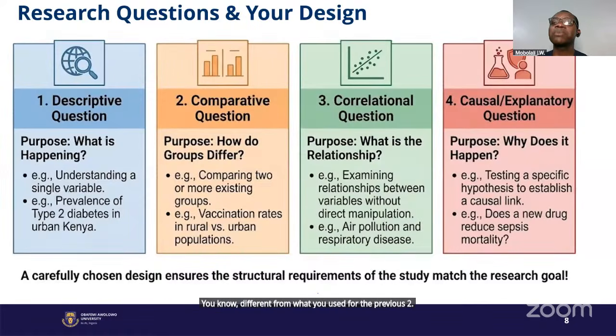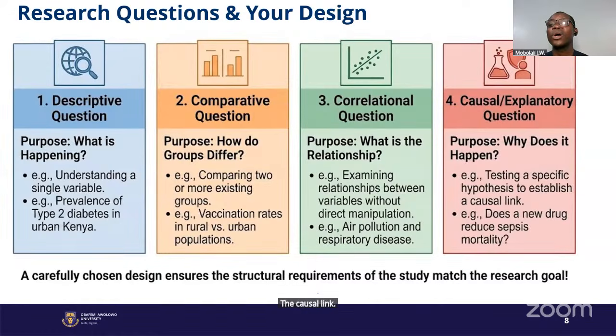And then when your question is causal or explanatory, so you want to know why it happens, why whatever happens. So in this case, you'll be testing some specific hypothesis to establish the causal link.